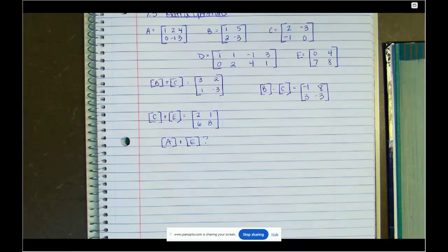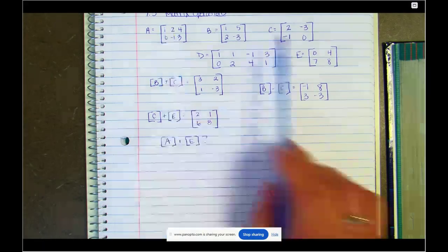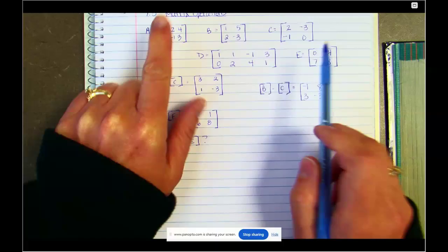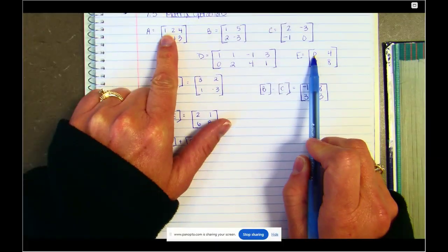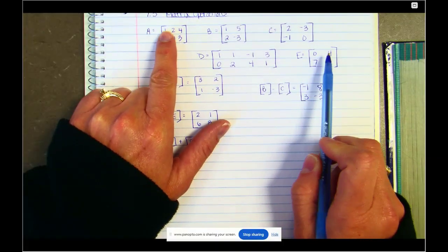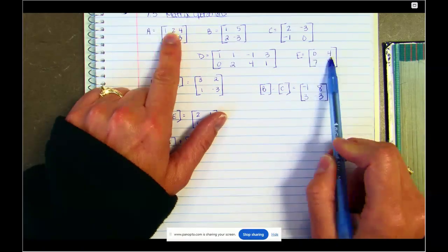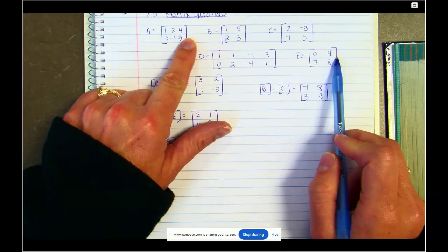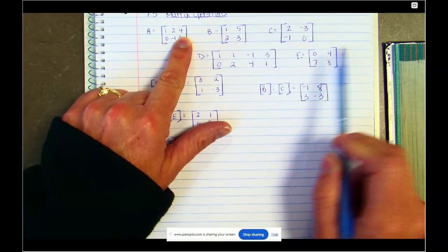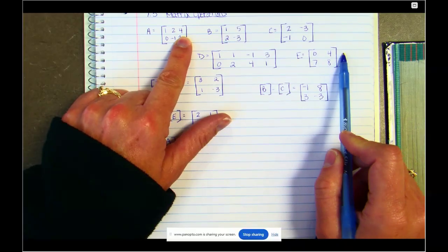So let me ask you this question. What you guys are trying to do is add this and this, but is it 1, 6, 3 in the top? It's 1, 6. Oh, wait, I got 3 for A, not 4. Okay, 1, 6, 4. But there's nothing to add to here.